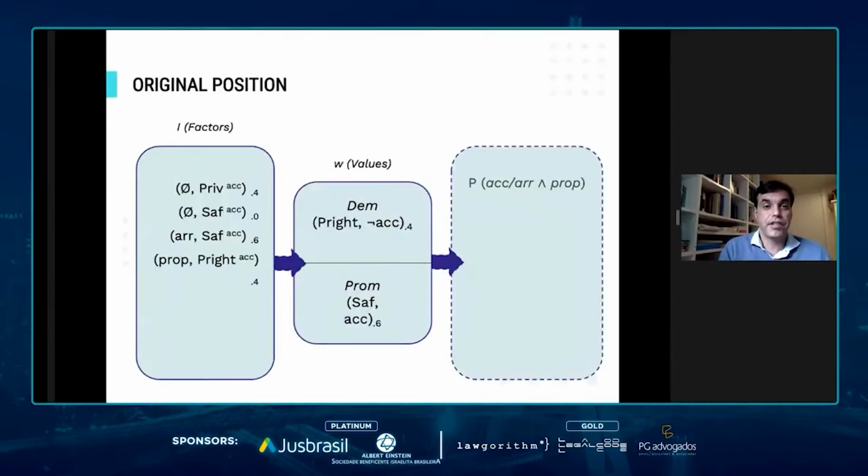So let me give, just to finish, an example of adding a value. Suppose we have this as an original position, and in this position, the promotion of safety beats the demotion of property rights.